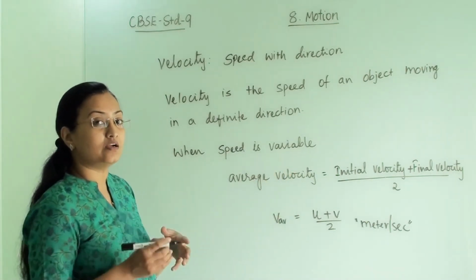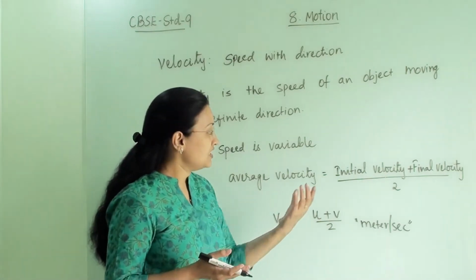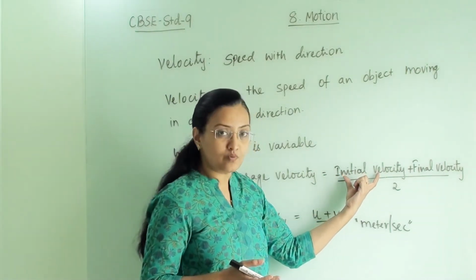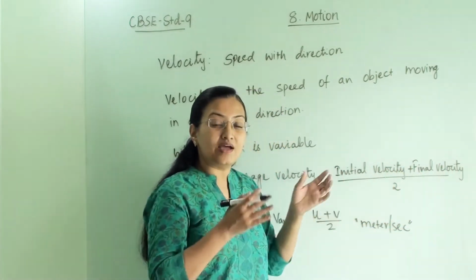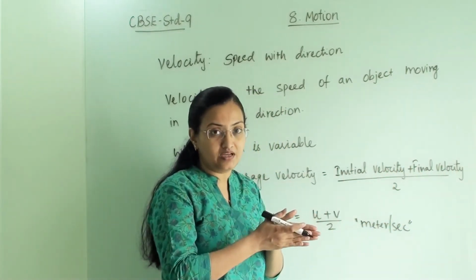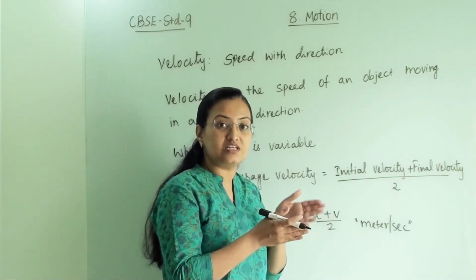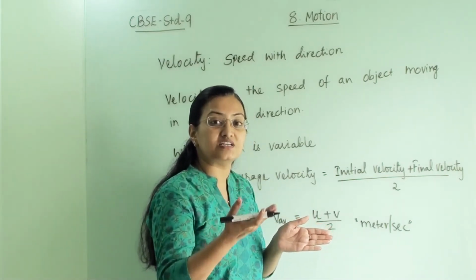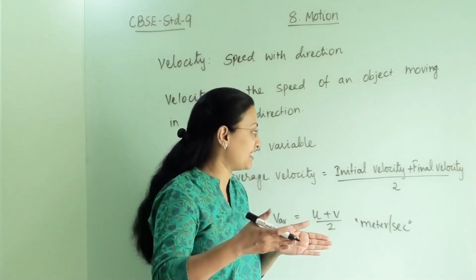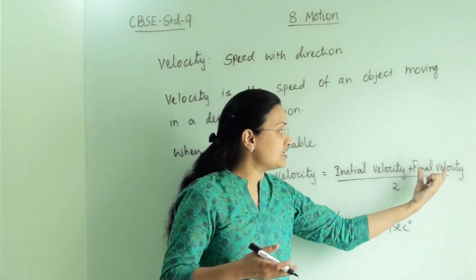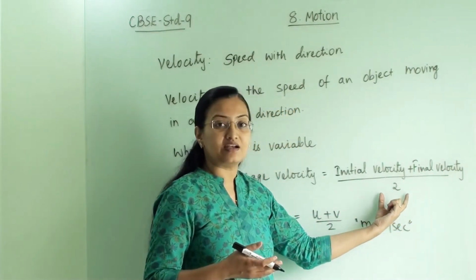Now what are we concluding in average velocity? That object's initial velocity plus final velocity. When the object started moving, what was its velocity at that time, and when the object stopped moving, what was its velocity at that final time. So initial velocity plus final velocity divided by 2.